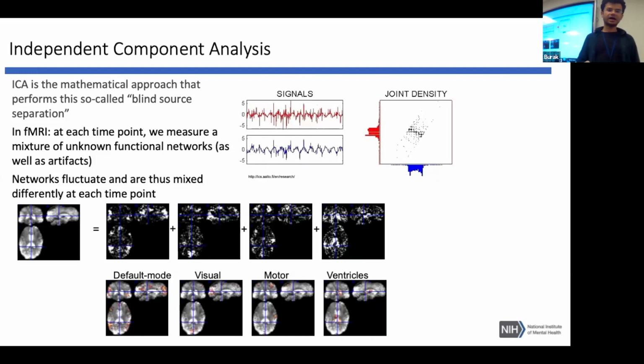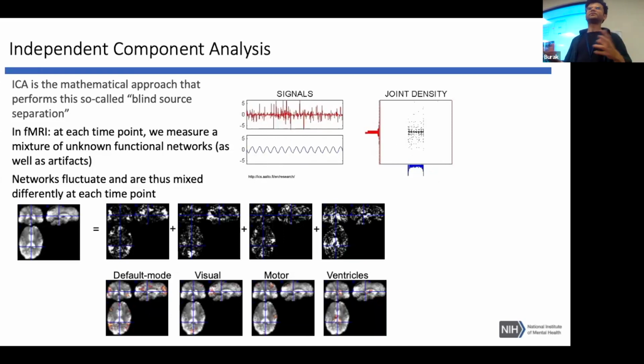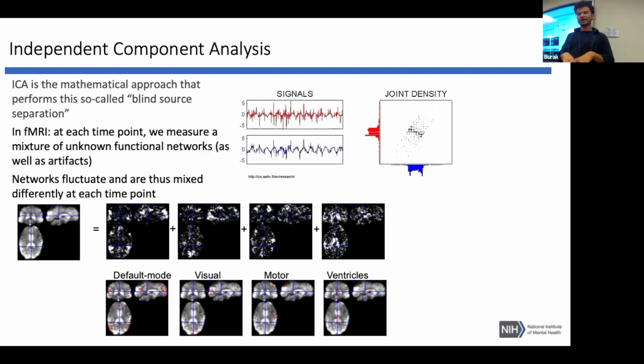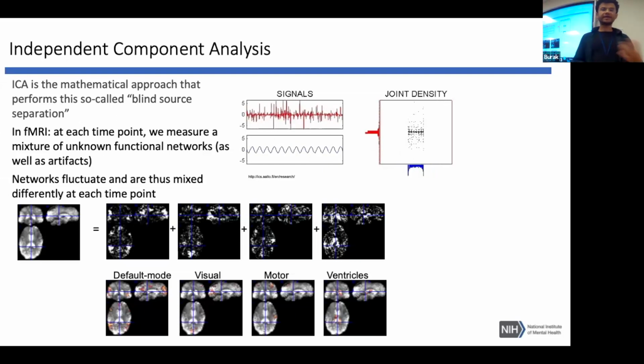It solves the problem such that the distribution of the signals should be non-Gaussian, because information theory says that if something is Gaussian, it's probably noise, but it should be non-Gaussian, like up and down. So this algorithm tries to make signals have non-Gaussian properties. By doing that iteratively, it creates components that are non-Gaussian.